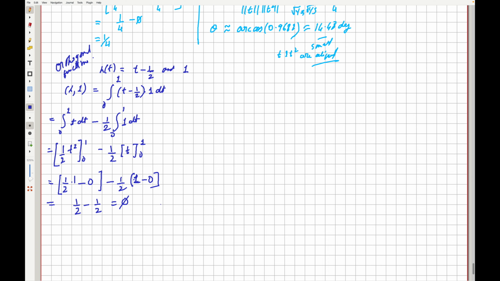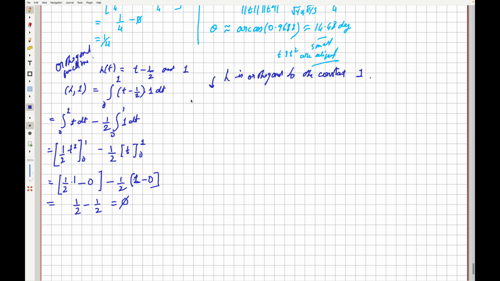And so what this tells us is that h is orthogonal to the constant 1, and this again is the same idea that we talked about earlier.